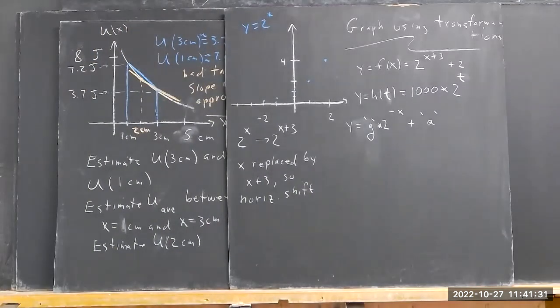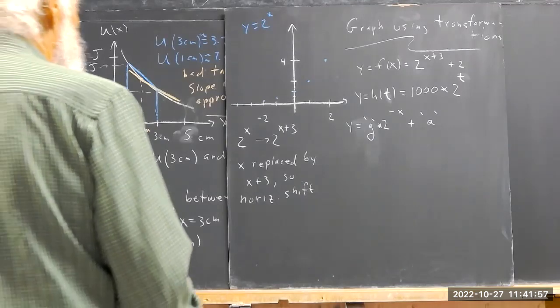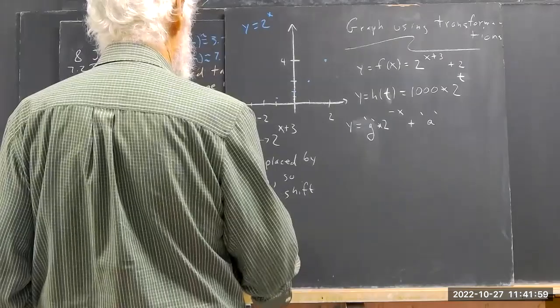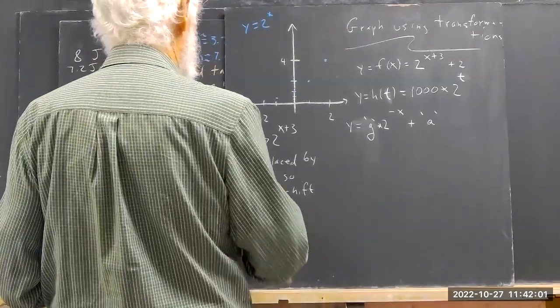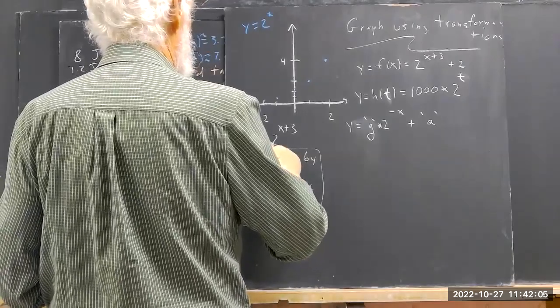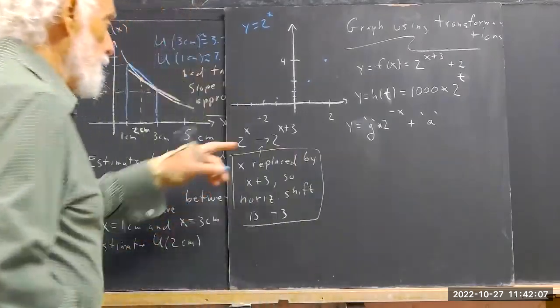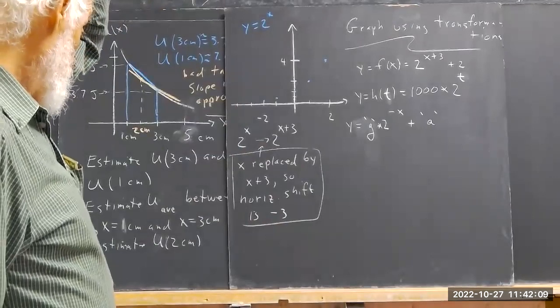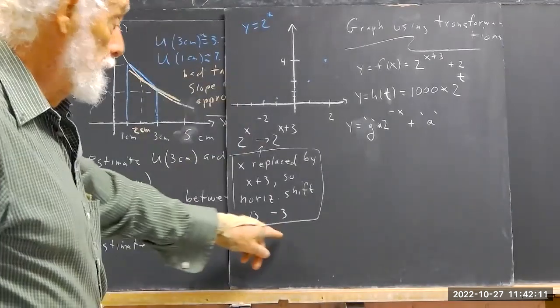So big question here now, and this is where people tended to make mistakes on the major quiz. For this transformation, x has been replaced by x plus 3, so the horizontal shift is -3.